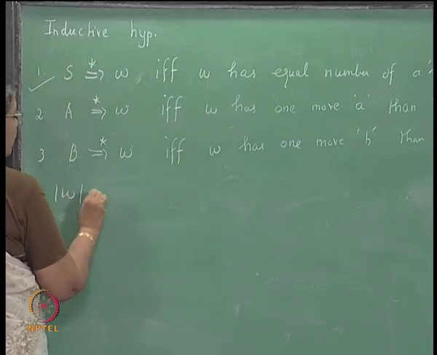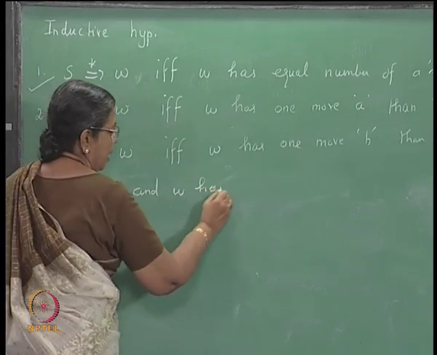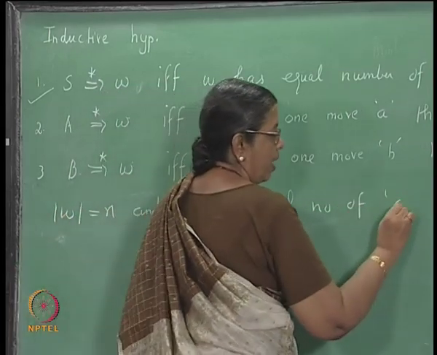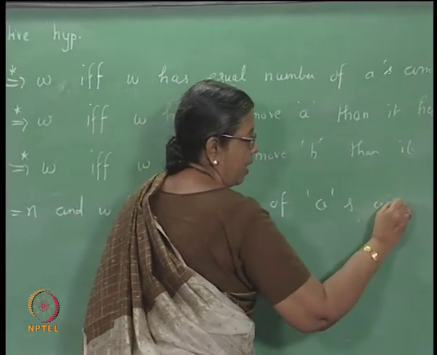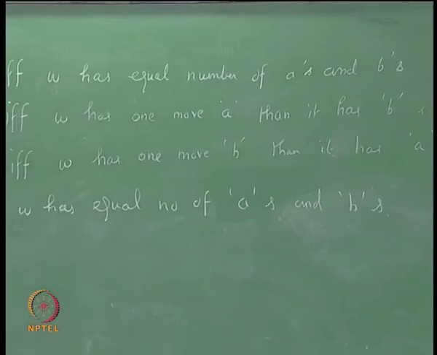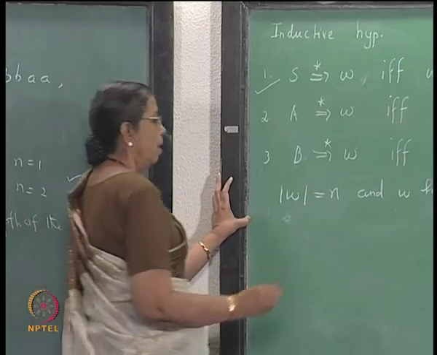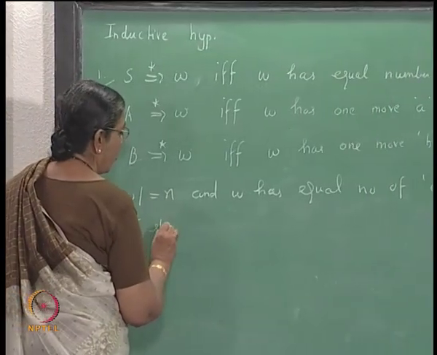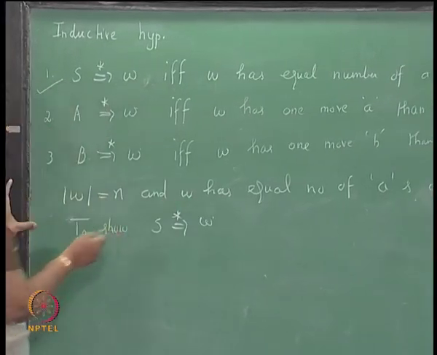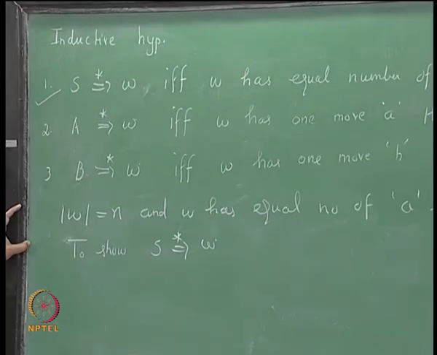Assume that length of W is n and W has equal number of A's and B's. Now, you have to show that it is possible to derive W from S.